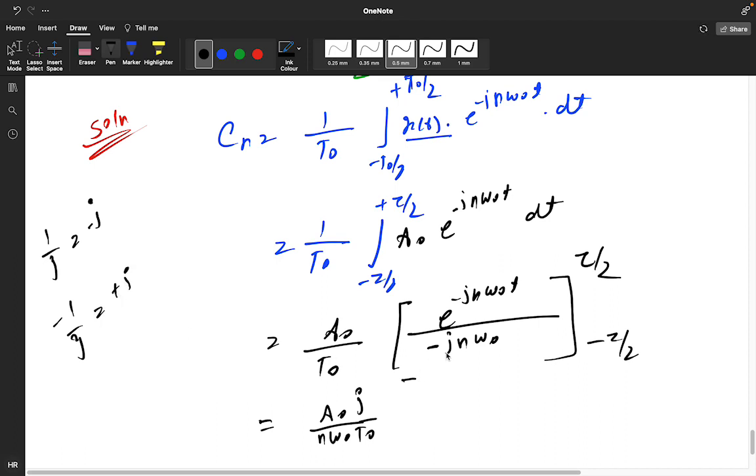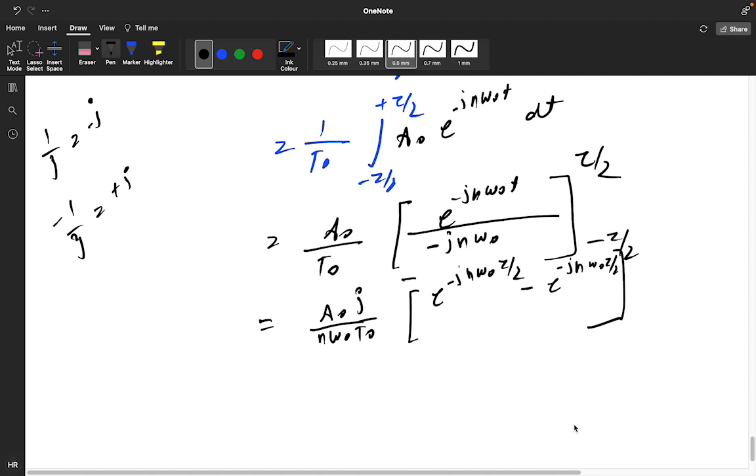Then put in the limits, what will you get? e power minus j n omega naught tau by 2 minus e power j n omega naught tau by 2. Correct.